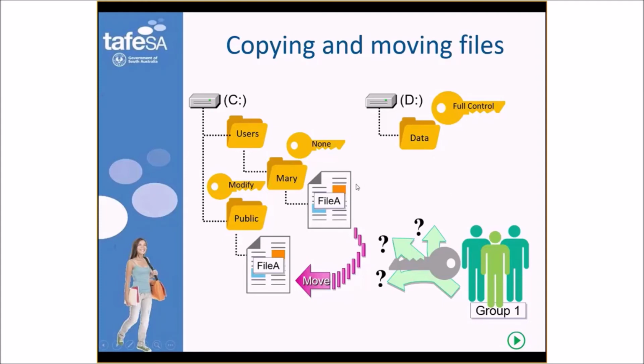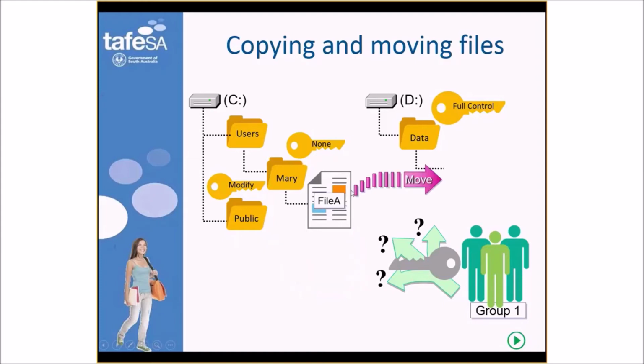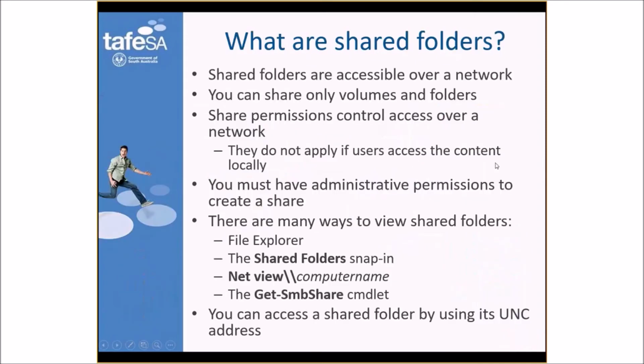Okay, so this is a move rather than a copy, and this is on the same volume. None. The permission will be none. This group 1 will have no permissions. What if we moved it from one volume to another volume? Full control, because if it's different volumes, it goes to whatever permissions are at the destination.